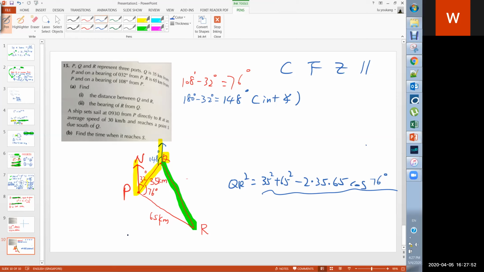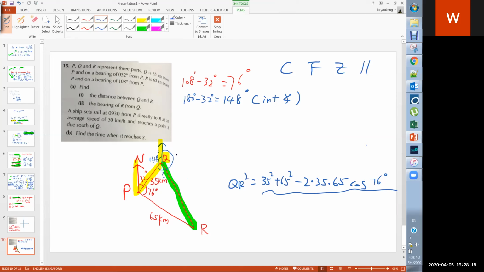I just found out the angle, but of course, it might help. So now they want me to find the bearing of R from Q. R from Q means they want me to find this. In order to find this, I need to find out what is this first. Then I use 360 minus the 148 minus the question mark, then I will get this.